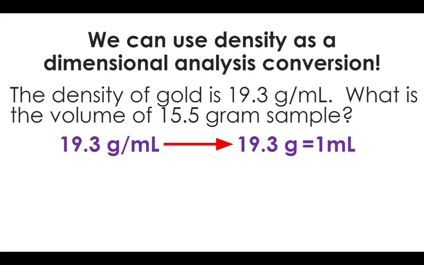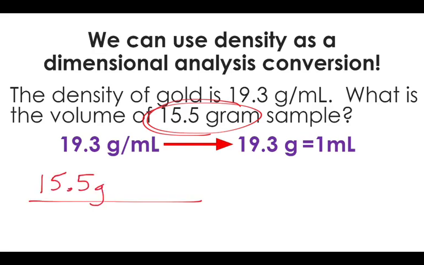So this is going to be our unit equation, our conversion factor that we use here, and our mass is going to be our given. So we're going to put 15.5 grams here, and then because I had grams as my given, I'm going to take the grams side of that density equation and put that on bottom, and put the 1 milliliter on top.